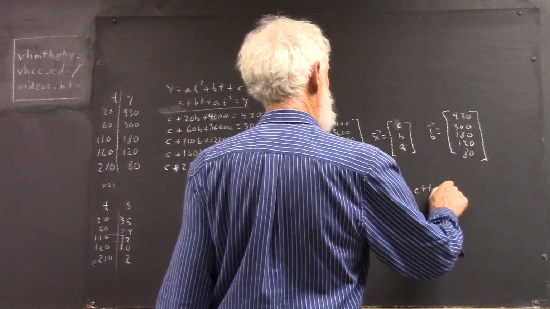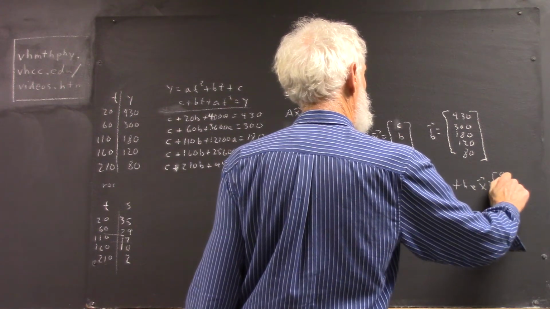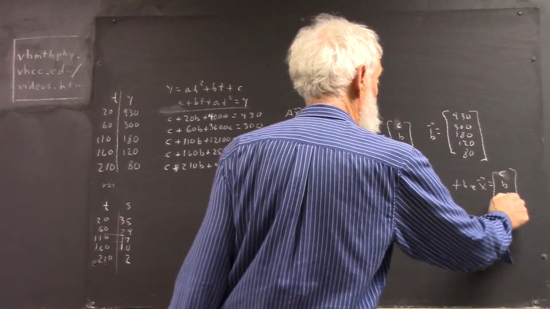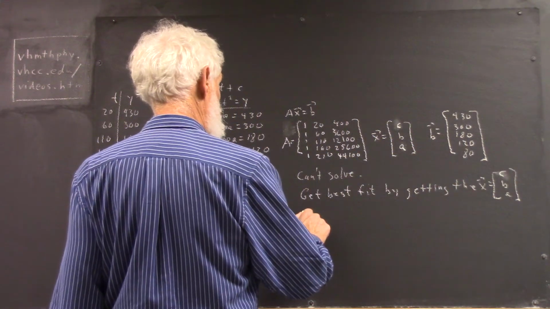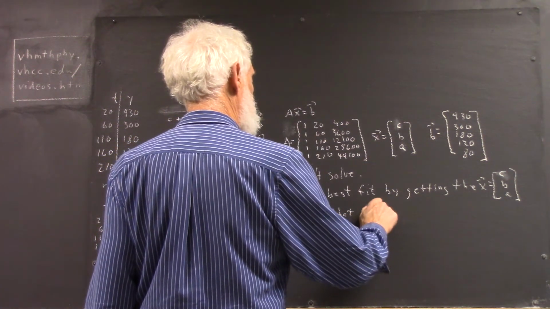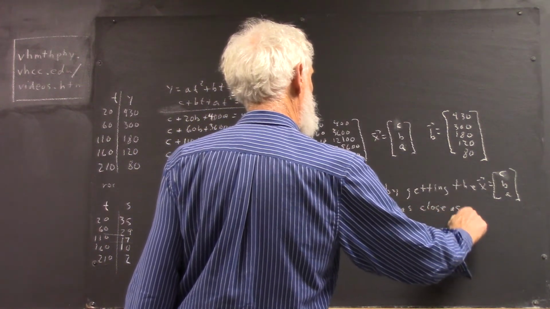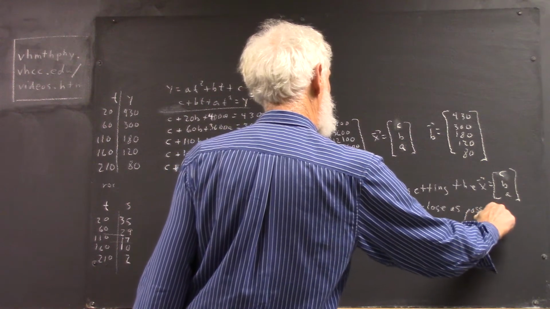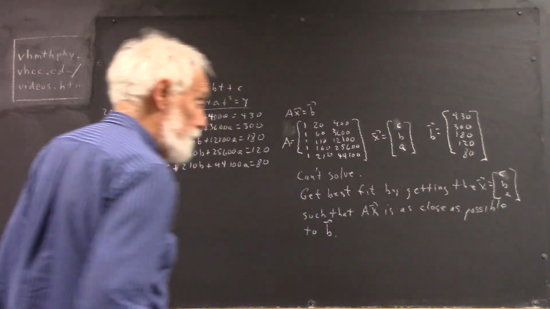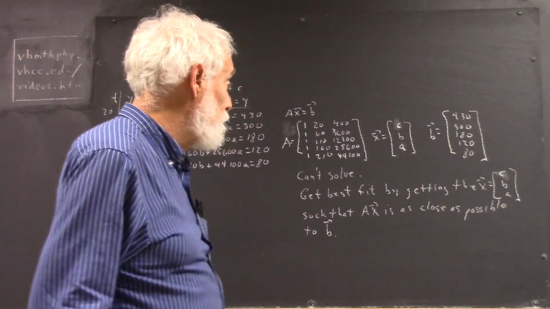And you do that by getting the x, the CBA vector, the numbers that go in here, such that AX is as close as possible to that B vector. Now this gets us into the 4 fundamental subspaces.